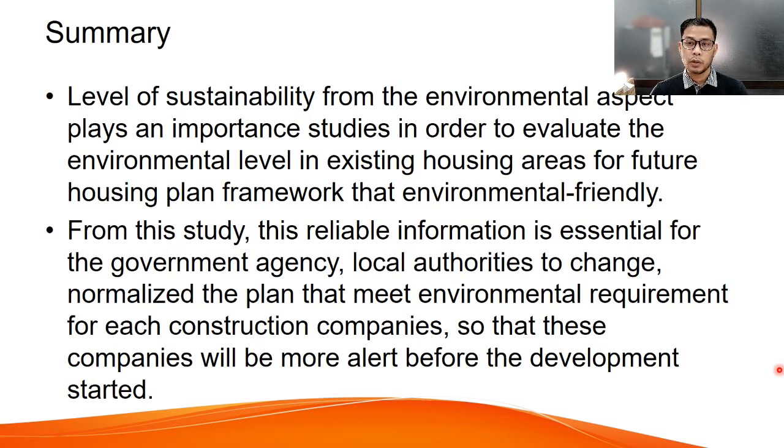If we combine these, we can see the sustainability level of all aspects. Hopefully in the near future we can study more indicators that can be integrated to improve our living for affordable housing, especially in Malaysia.